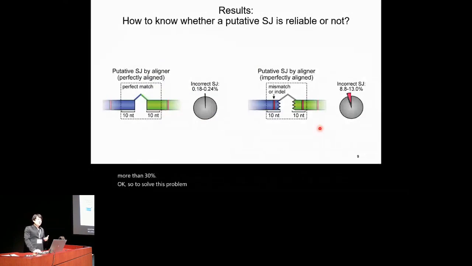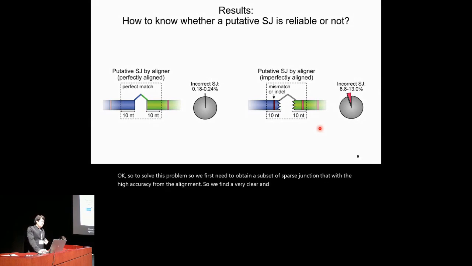Okay, so to solve this problem, we first need to obtain a subset of splice junctions with high accuracy from the alignment. We found a very clear and direct way to judge whether a splice junction is accurate: whether the bases around a given splice junction are perfectly aligned.